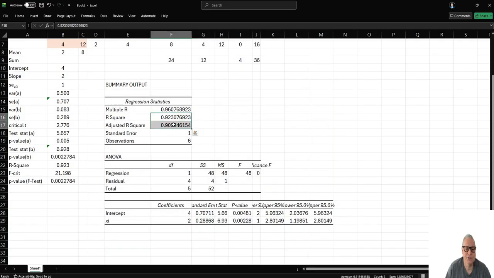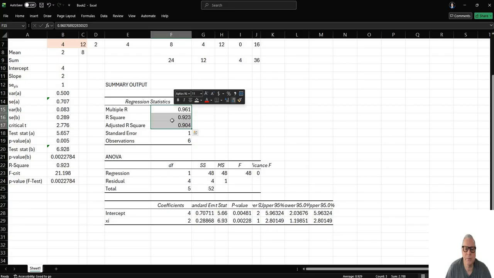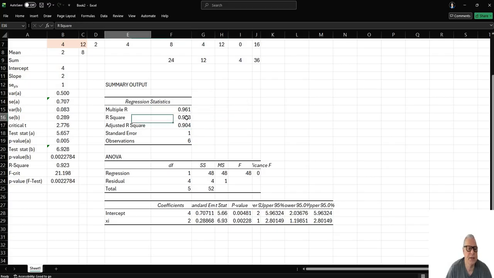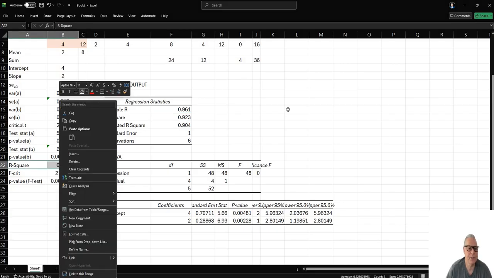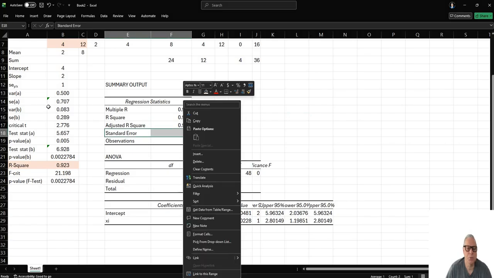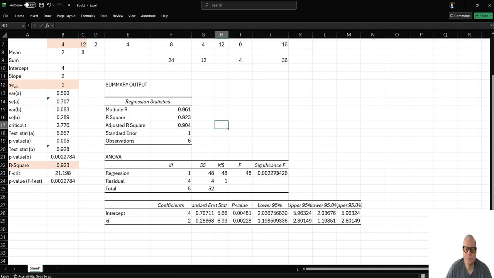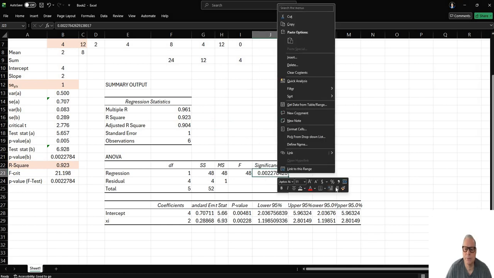And let's just quickly limit everything to 3 decimal points. So you can see, first thing we know is the R squared is 0.923, which is what we got here as well. The standard error of the regression is 1, which we calculated here as well. Then the degrees of freedom, the ANOVA table.